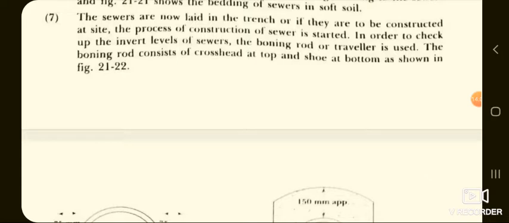The sewers are now laid in the trench, or if they are to be constructed at site, the process of construction of sewer is started.